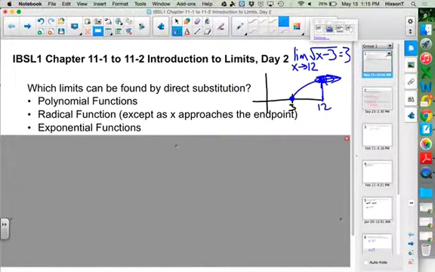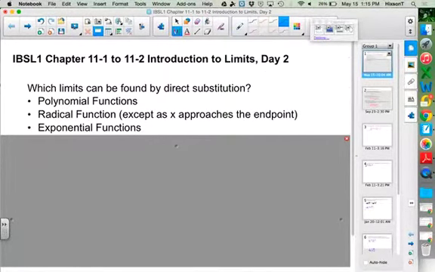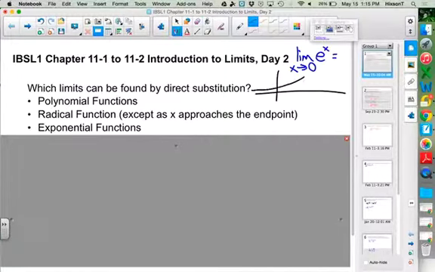Another case is when we have exponential functions. I'll erase this here. If we have the limit as x approaches 0, let's say, of e to the x. Here's our graph of e to the x.